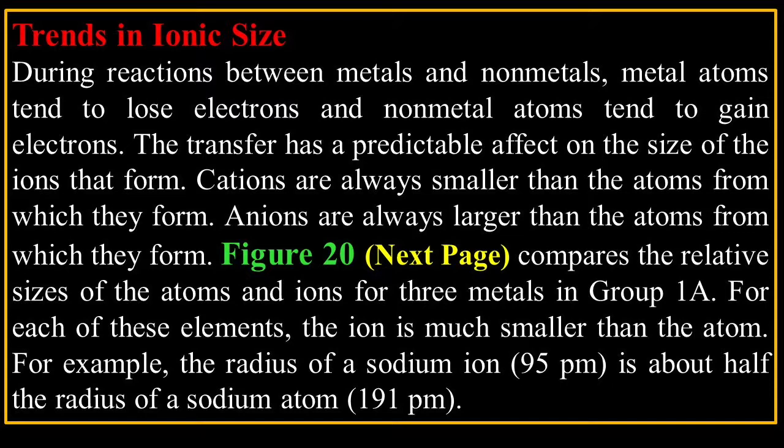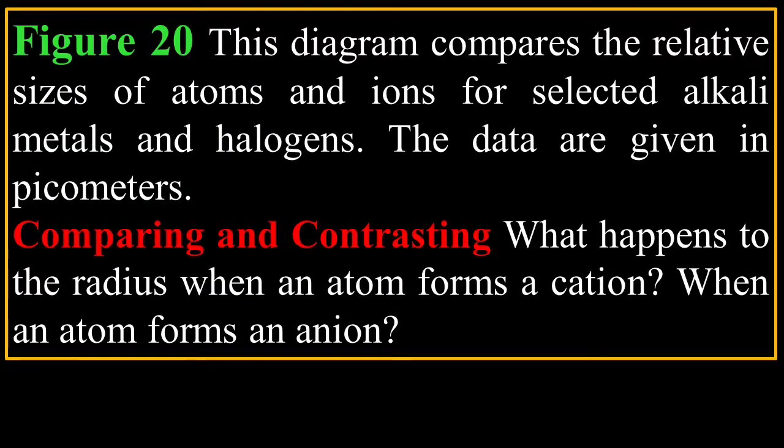Figure 20 on the next page compares the relative sizes of the atoms and ions for three metals in group 1A. For each of these elements, the ion is much smaller than the atom. For example, the radius of the sodium ion, 95 picometers, is about half the radius of the sodium atom, 191 picometers.